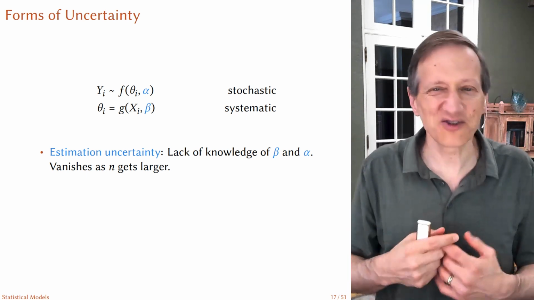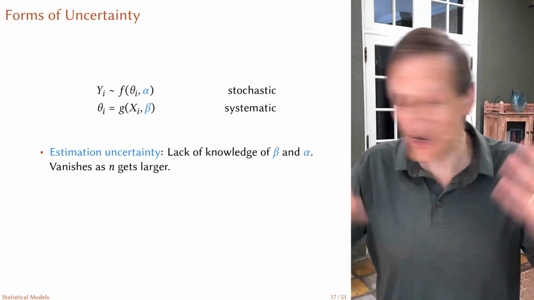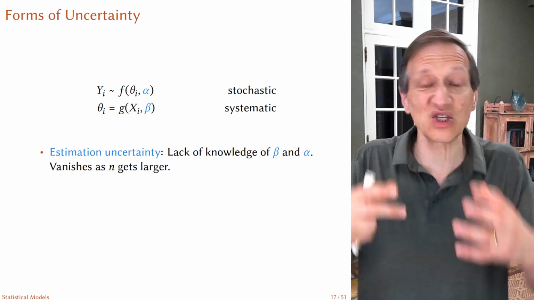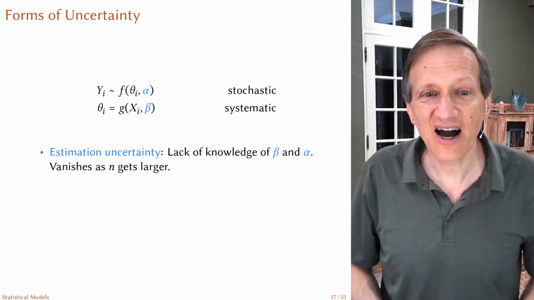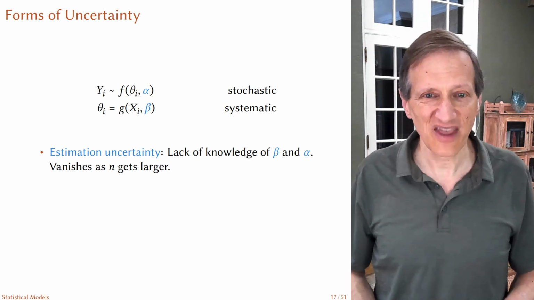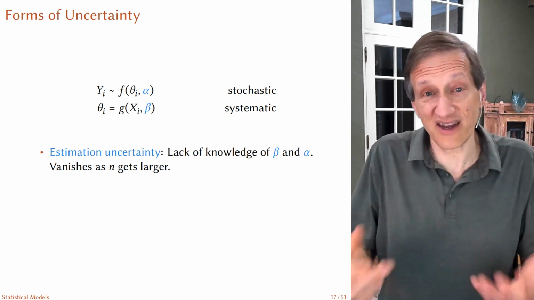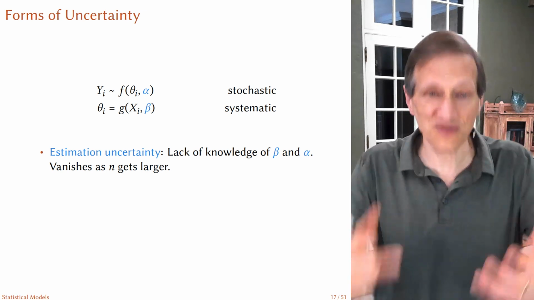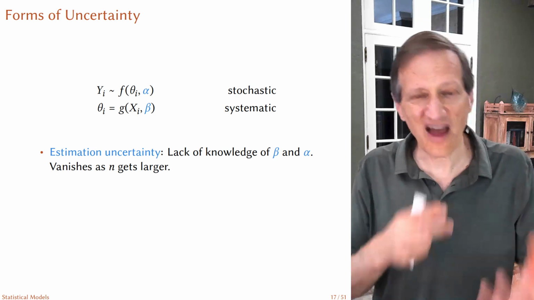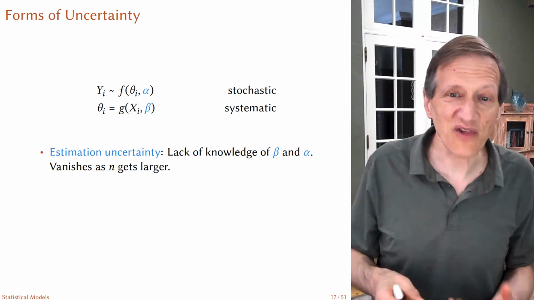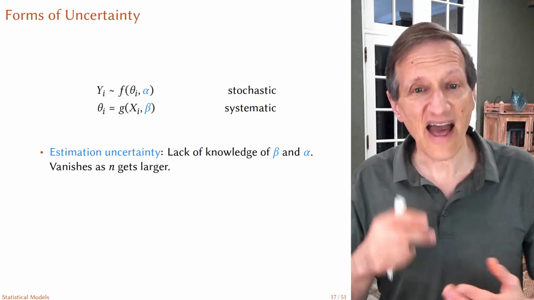Your failing is that you didn't collect an infinite amount of data. You didn't collect all the data that was available. You sampled data. You collected data only based on what was available. If we could collect all the data in the world, we wouldn't have any estimation uncertainty because we would have it all. So that estimation uncertainty is reflected in the fact that we don't know alpha and beta.